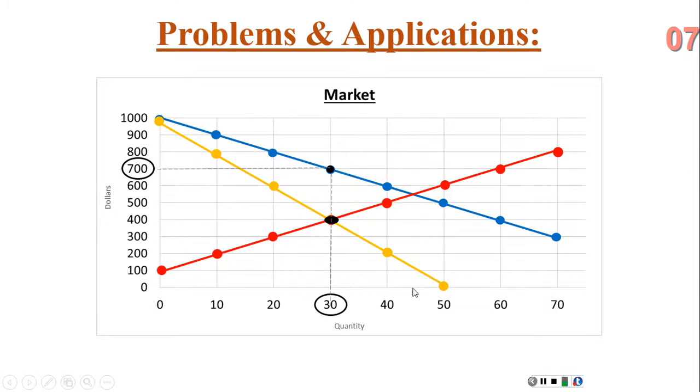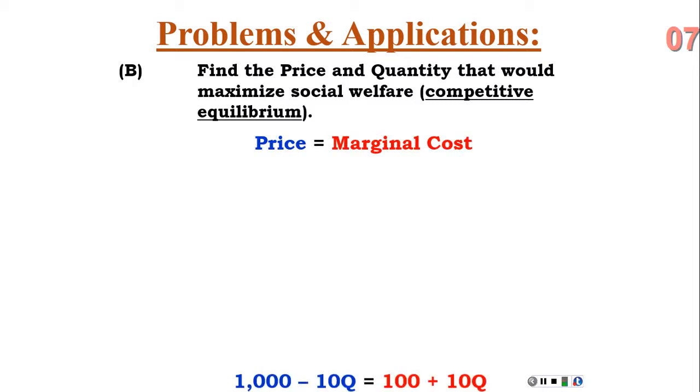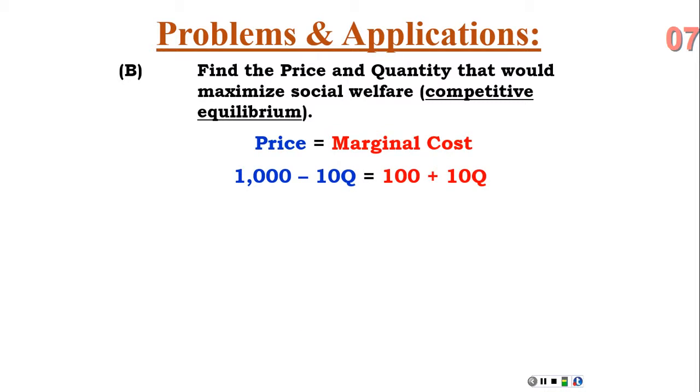Let's see if that bears out mathematically. We would just set the marginal cost curve, which would serve as our supply curve, equal to the demand curve. So price equals marginal cost. Remember our demand curve was 1,000 minus 10Q. Our marginal cost function was 100 plus 10Q. We set those equal and solve for Q. Take 10Q to the other side, that'd be 20Q.